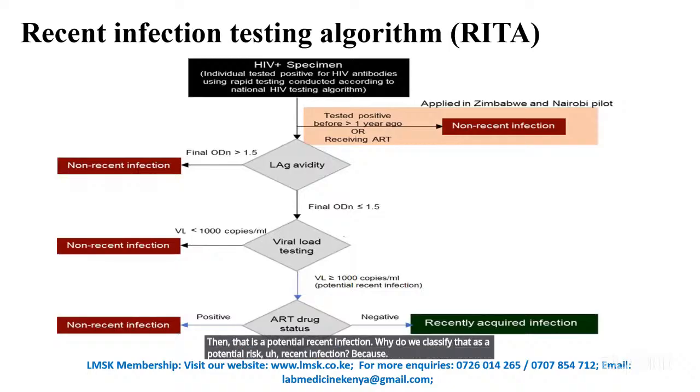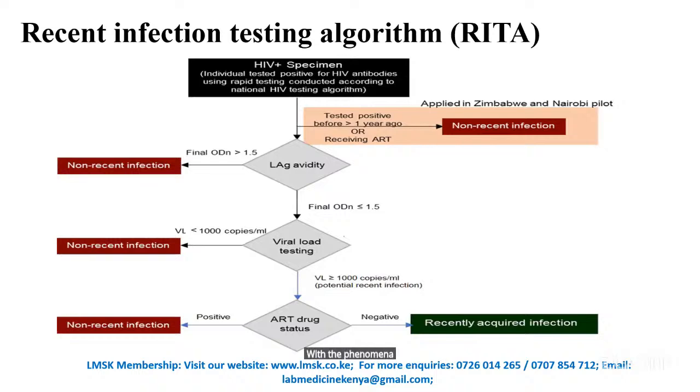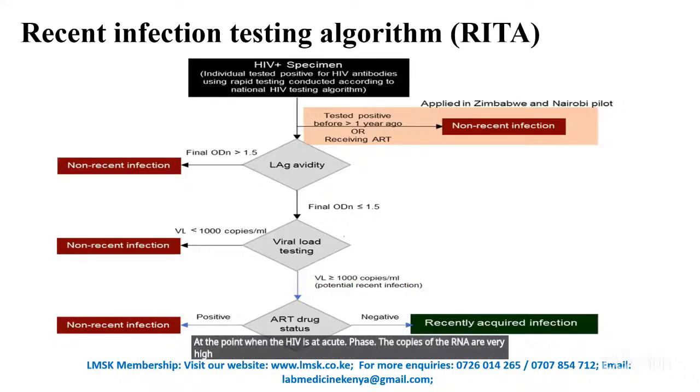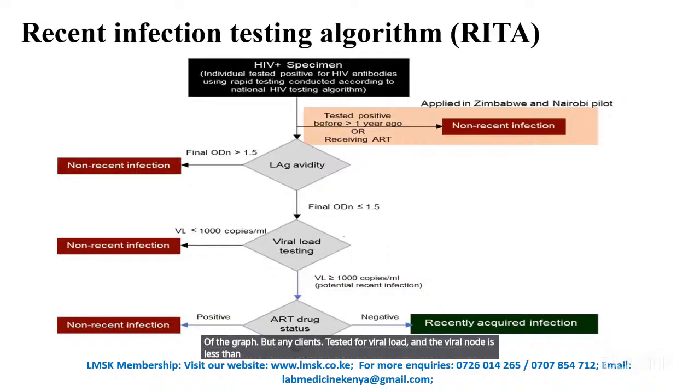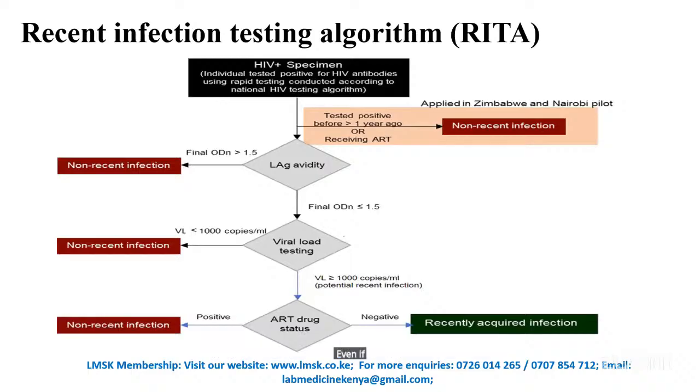Because with the phenomenon we saw of the HIV RNA, at the point when the HIV is at acute phase, the copies of the RNA are very high. And that is why there is that peak of the graph. But any client tested for viral load and the viral load is less than 1,000 copies, even if the client has not been on ART, then that is not a recent infection.